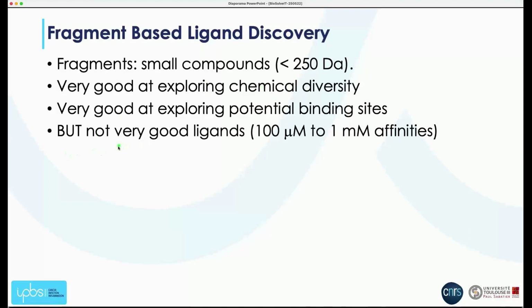From a purely financial point of view, it's of course much cheaper to build a 1,000-fragment library than a library of 1 million drug-like compounds. Fragments are also very good at exploring potential binding sites. They usually bind to the binding site with a high efficiency, although with very low, very bad affinities.